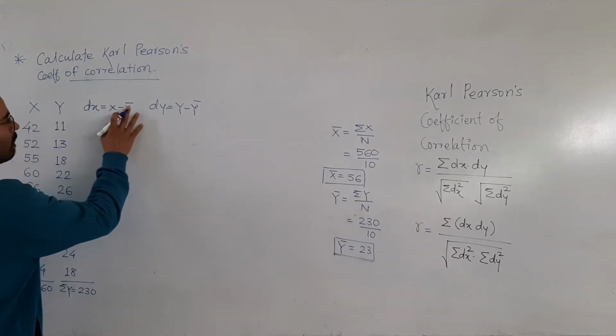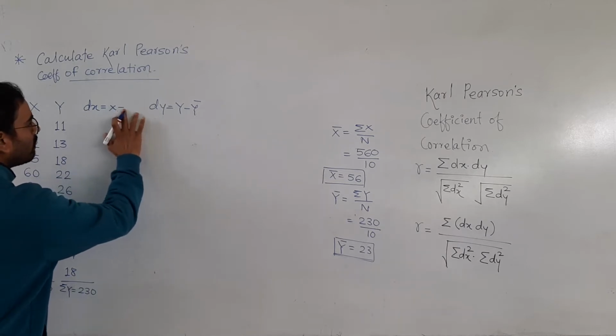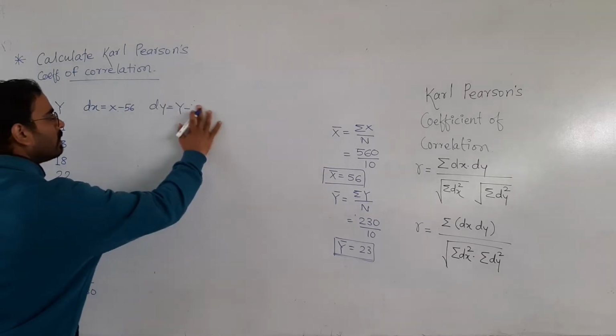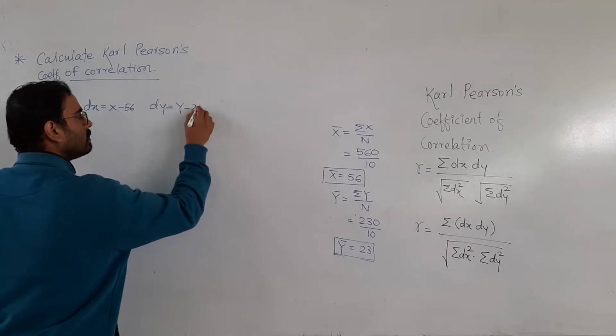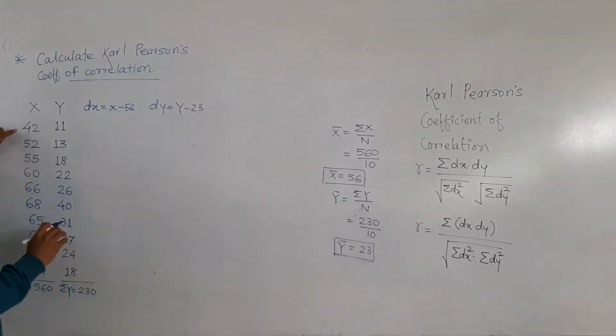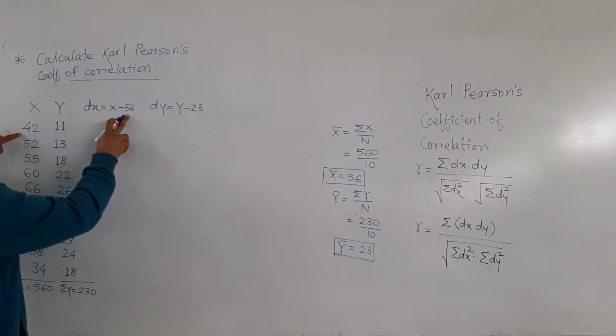Now x bar means 56 and y bar means 20. So it is easy to find out now. 42 minus 56, how much?